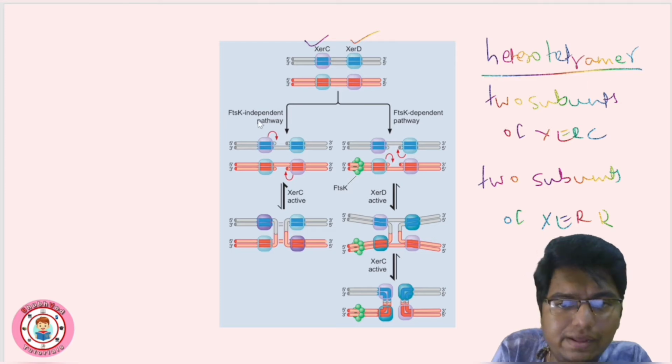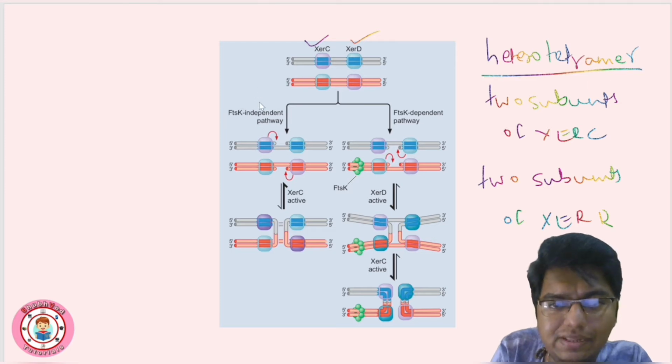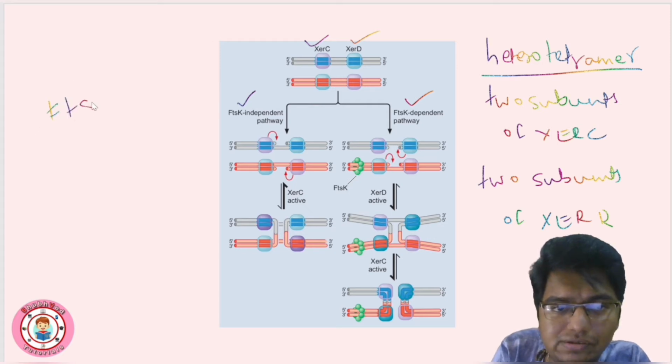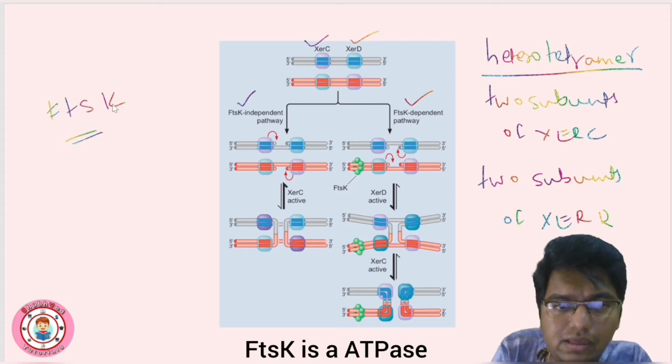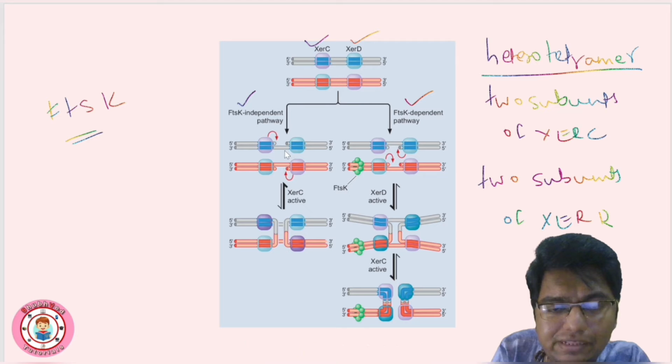So what happens here? There is an additional protein known as FtsK, which plays an important role in this site-specific recombination. How? Let's see first the FtsK-independent pathway. What happens here?